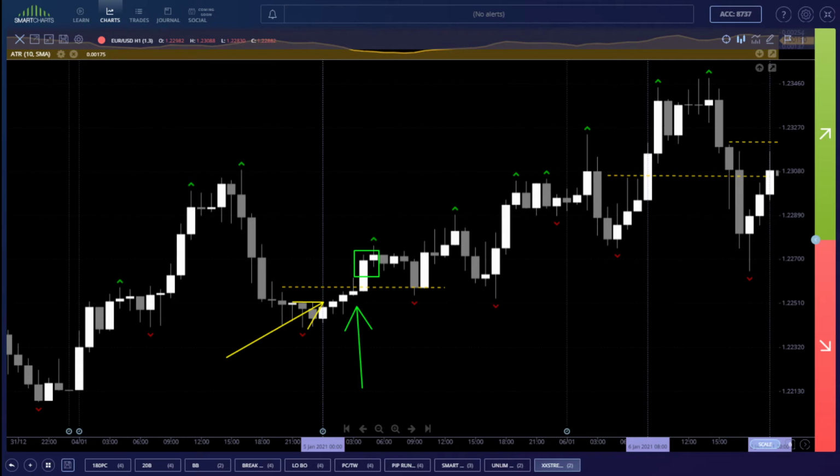So in this case, I've got to go back until I find a wick, because a wick's going to be my safety area. So I'm going to go back. That would be my stop loss. And then just to make it 1 to 1, my first target would be something like that.